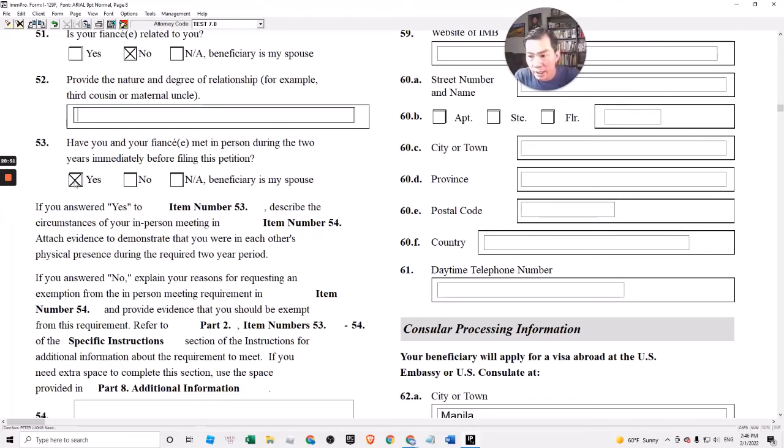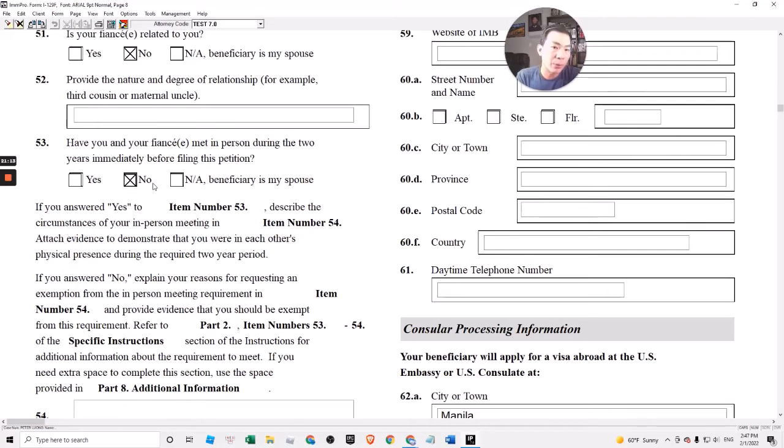You check yes or no here. If no, you have to explain why you cannot meet her in person, and the reason here has to be convincing. You have to check with your lawyer how to come up with a statement on why you haven't met your fiancé in the last 2 years.